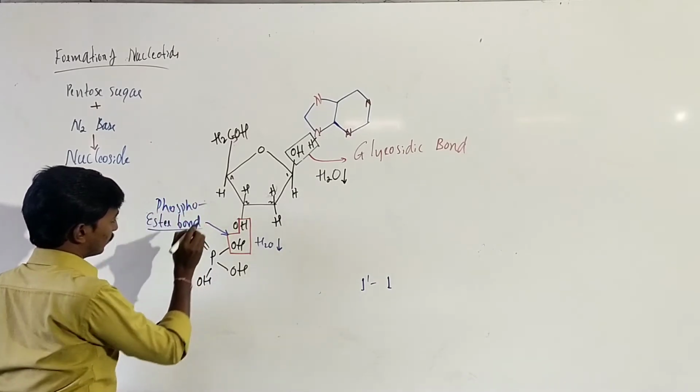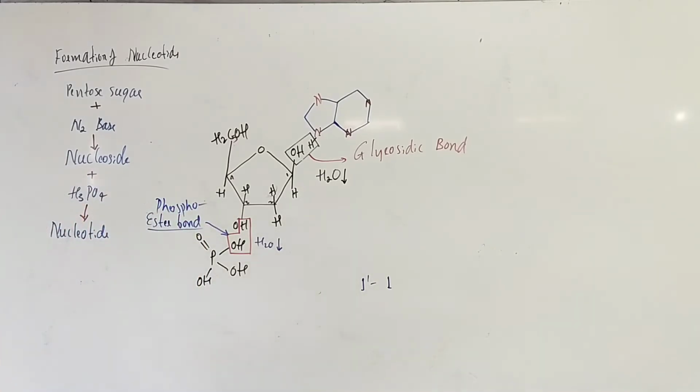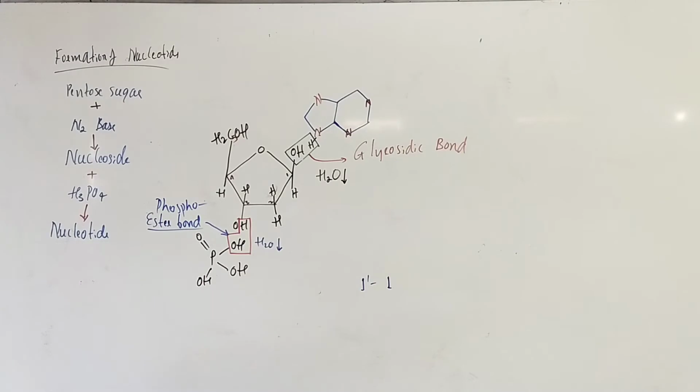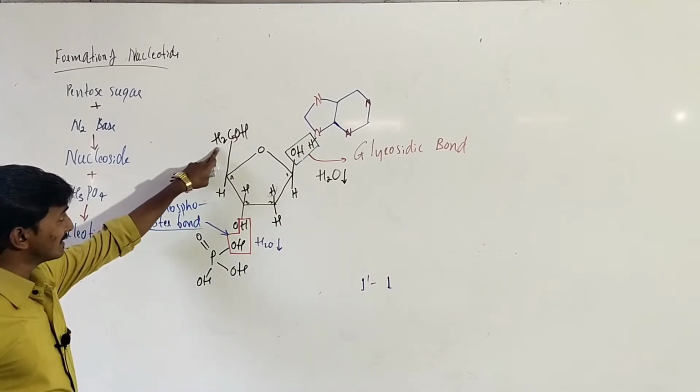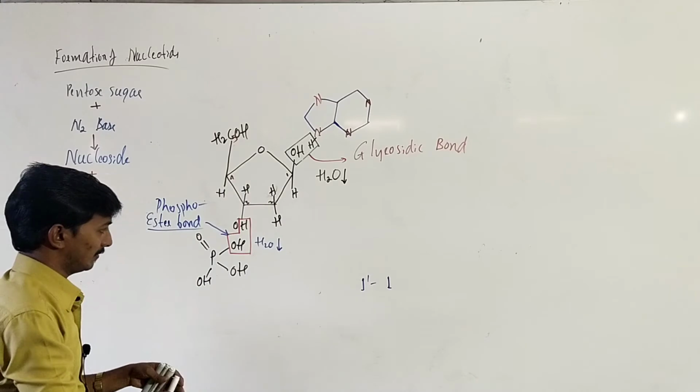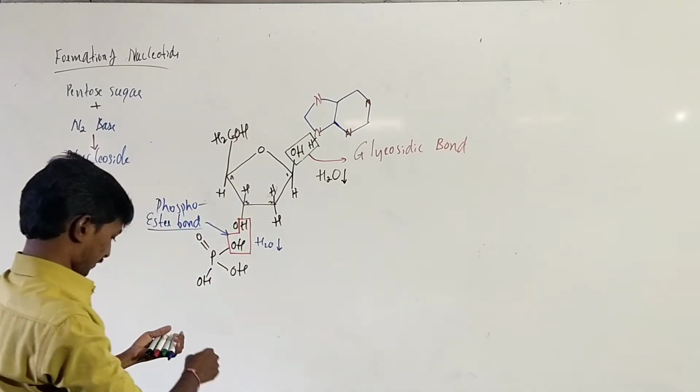Then the question is, how will the next nucleotide attach here? Okay. So here we have written CH2OH of this sugar. We'll write one more sugar here.